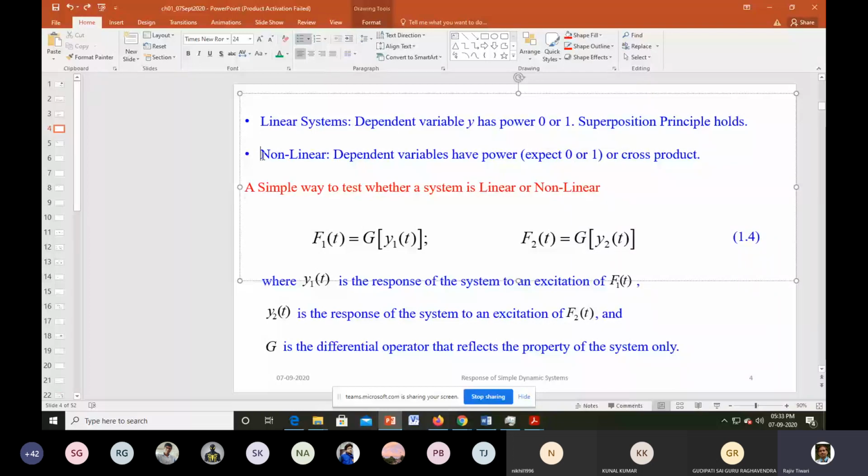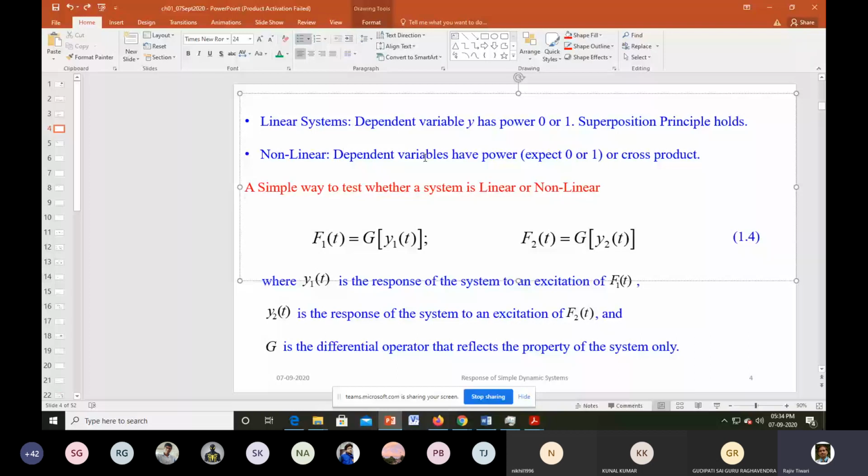And nonlinear systems are very difficult to solve. In this particular course, we are not dealing with nonlinear systems. Even the time-dependent mass and stiffness, we are not considering. Those equations are called parametrically excited systems, so that also we are not considering here. Only the linear system having power 1.